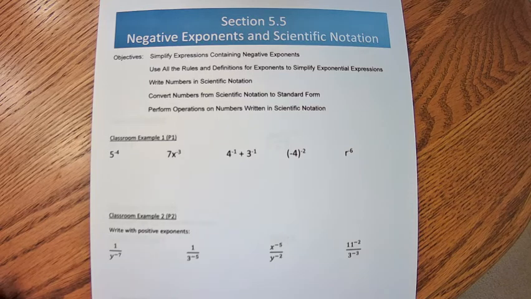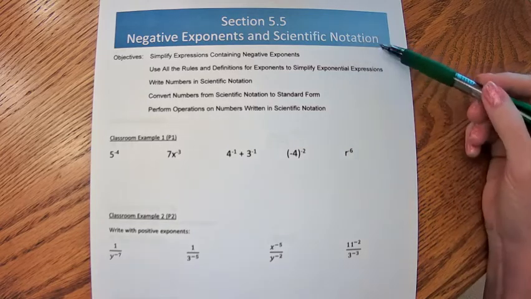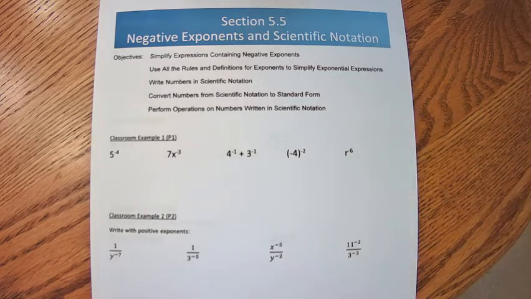In section 5.5, we're going to start working with negative exponents, exponents that are negative integers, and then scientific notation, which makes use of exponents to represent really, really large numbers and really small numbers easily.